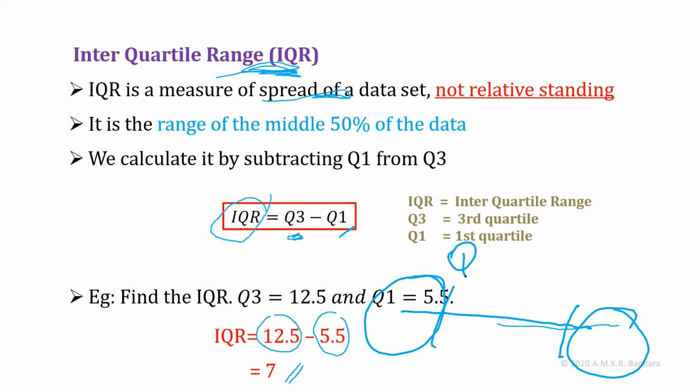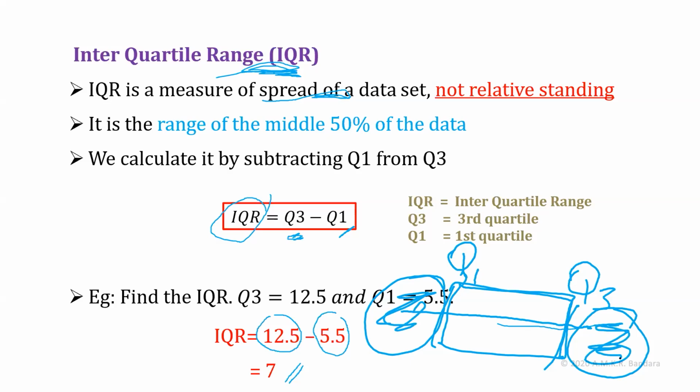Here we have Q1, here we have Q3. It is the range between the first quartile and the third quartile. So extreme observations are not involved in this calculation.